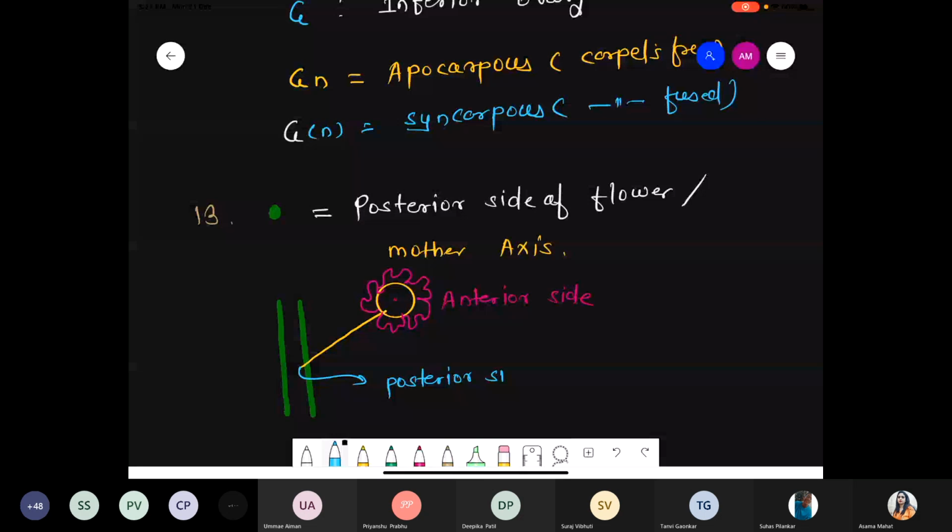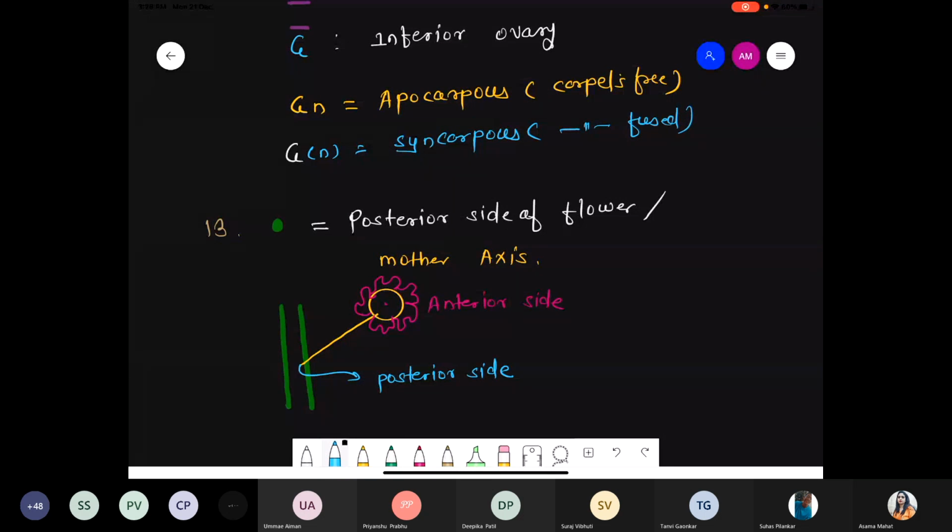So this very dark dot is present, and that dark dot is called the posterior side. It represents exactly that position. Okay? So the posterior side of the flower.